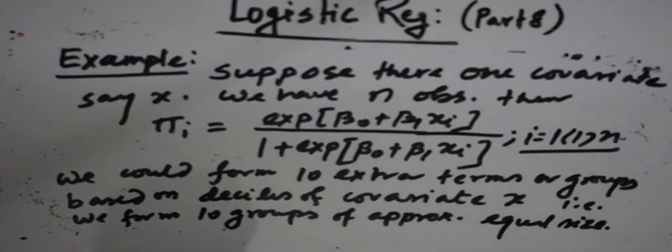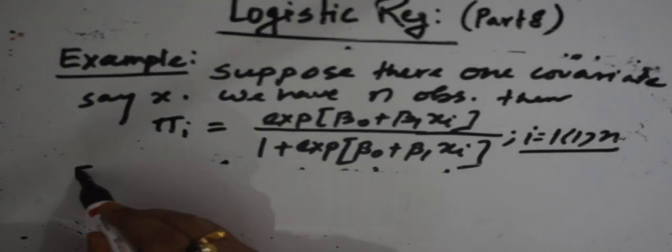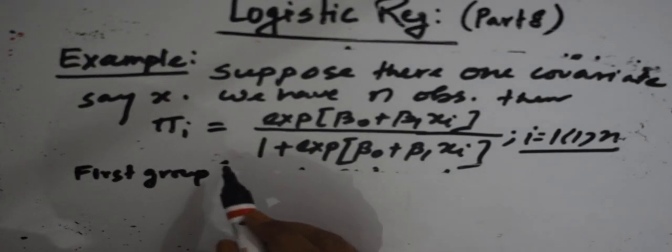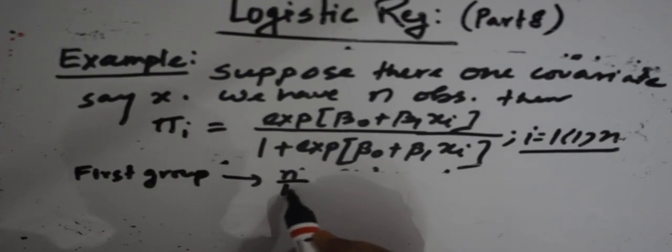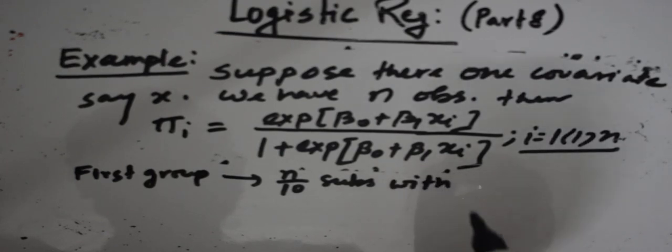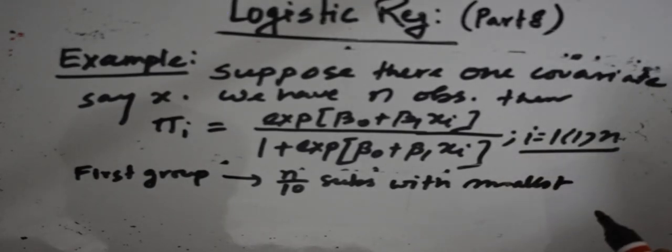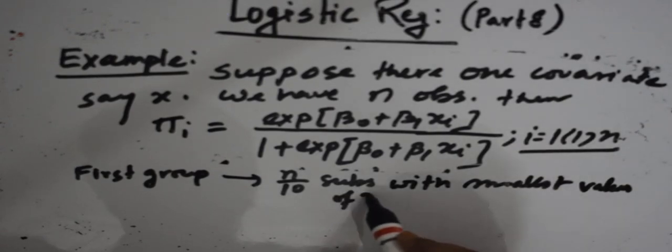That means the first group consists of n by 10 subjects with the smallest values of xi.